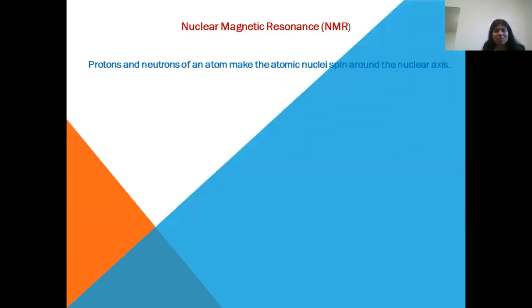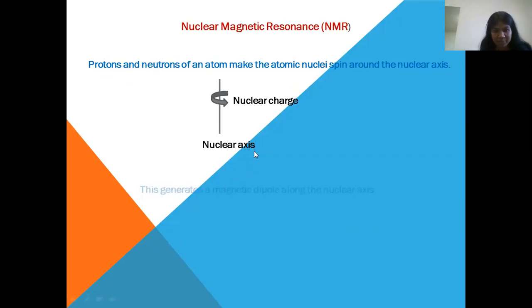So what is the full form of NMR? That is nuclear magnetic resonance. So protons and neutrons of an atom make the atomic nuclei spin around the own nuclear axis. As you can see in this figure, this is nuclear charge and it spins around its own nuclear axis. So this generates a magnetic dipole around the nuclear axis.